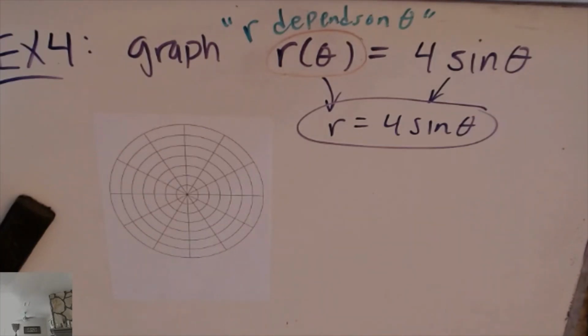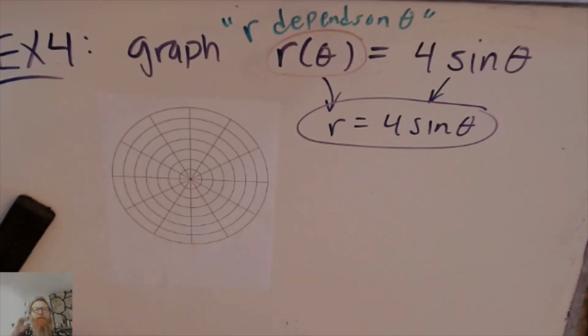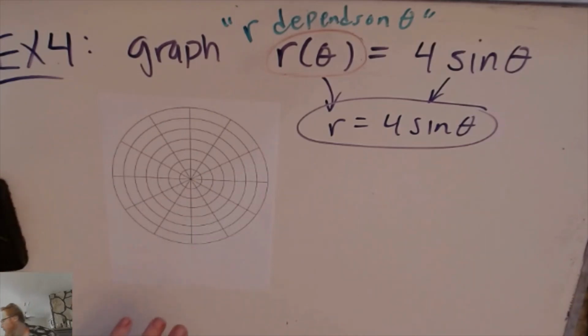Hopefully this will be legible. Now, we haven't really done these before, so we're going to make a table, unless you already know the answer, in which case you can just draw it very quickly. But we're going to make a table and plot at least 4 points, maybe 5 points.